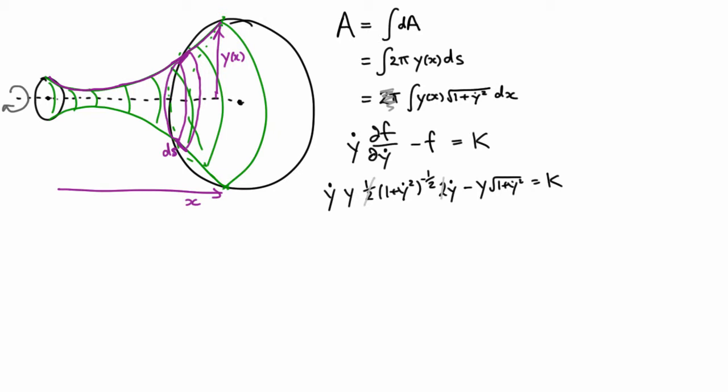They cancel, and we end up with y dot squared. We've got a y.